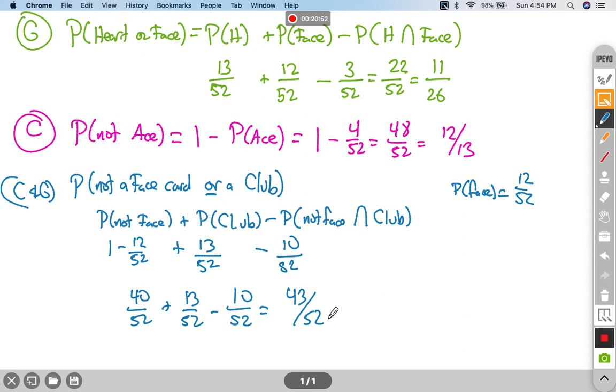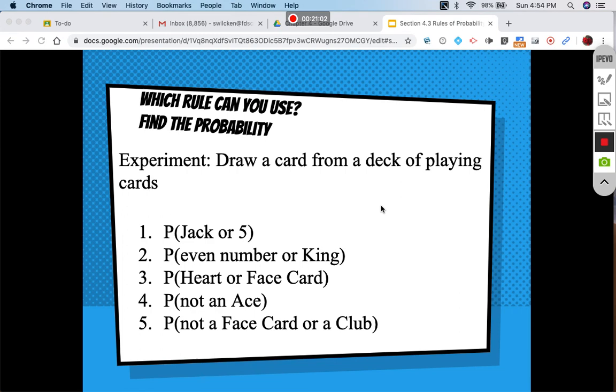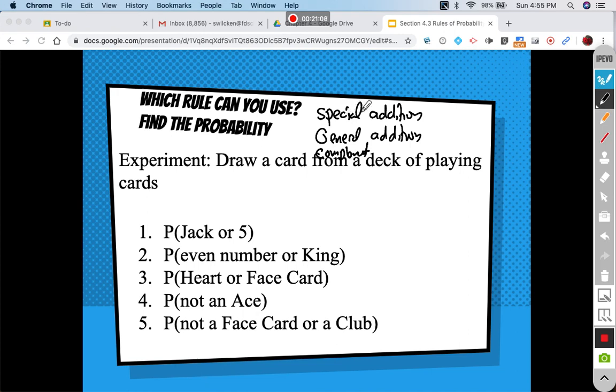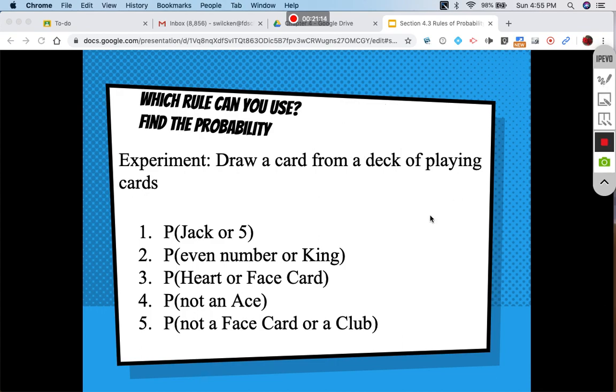So this is basically using some of these basic rules of probability. Let's go back here. Again, the basic rules we're talking about are the special addition rule, the general addition rule, and the complement rule, and this notation, which we're expecting you to be good with.